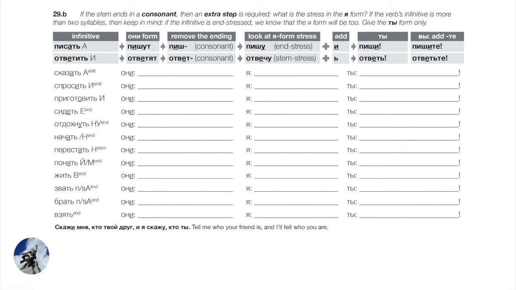Now here's example number 3. We have something different. Приготовить. Note the stress is back on the stem. Step by step, они приготовят. They will prepare or they will cook. Приготовят. We drop the ят. We're left with a в. So we've got to think about stress. Я приготовлю.